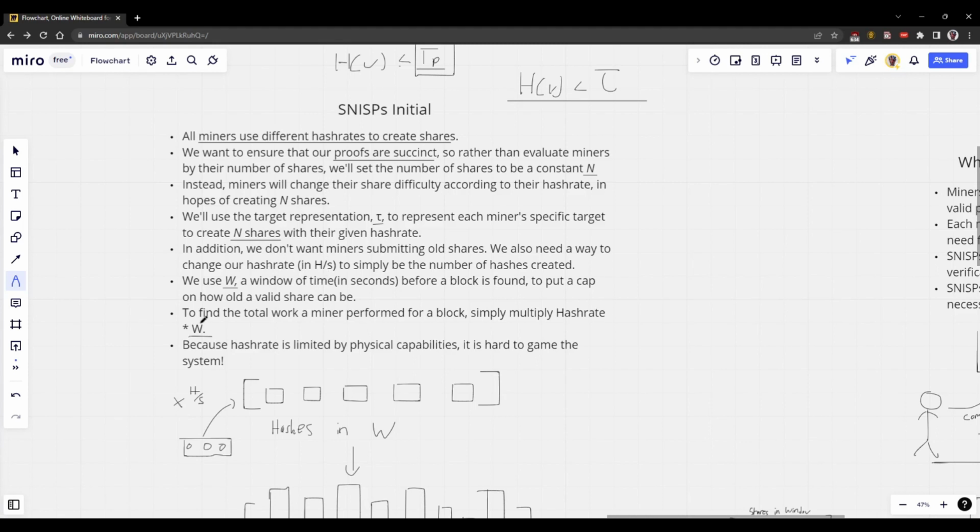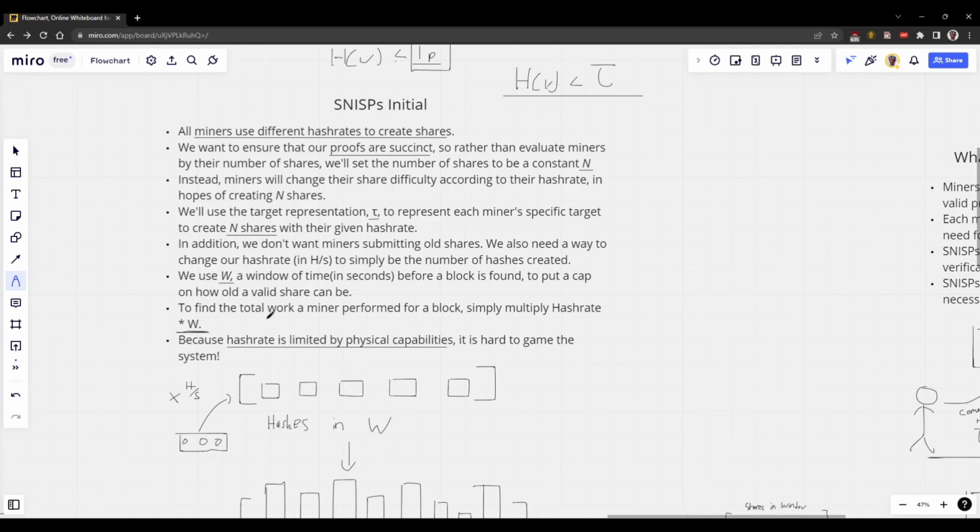Generally, to find the total work a miner performed for a block, you can simply multiply their hash rate by the window of time to see how many hashes they performed within the window itself. And because hash rate is limited by physical capabilities, it is hard to game the system. You can't really increase your hash rate artificially.